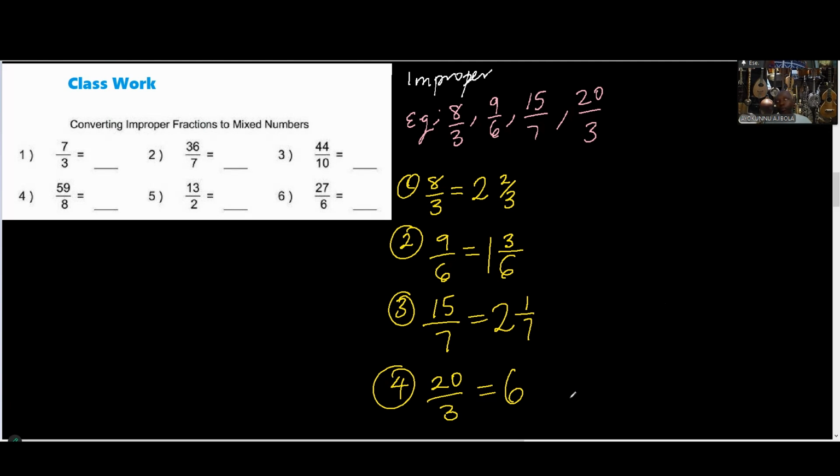So if I give 6 friends, each one of them having 3, how many have I given out to all of them? Wait, I have 6 friends, A, B, C, D, E, F, and I'm giving them 3 oranges each, okay? So how many oranges have I given out?